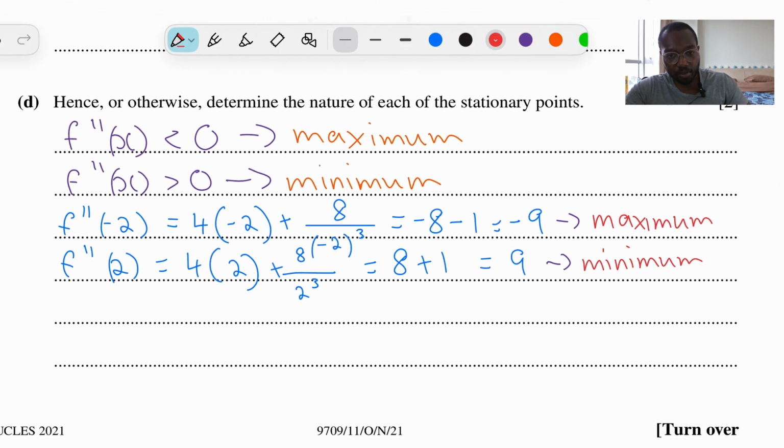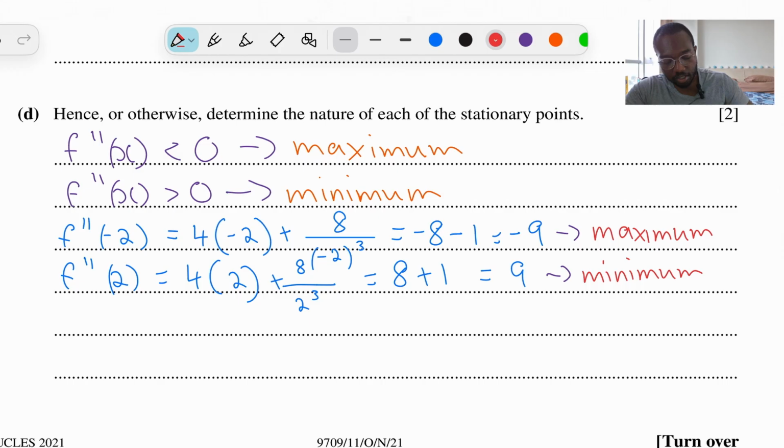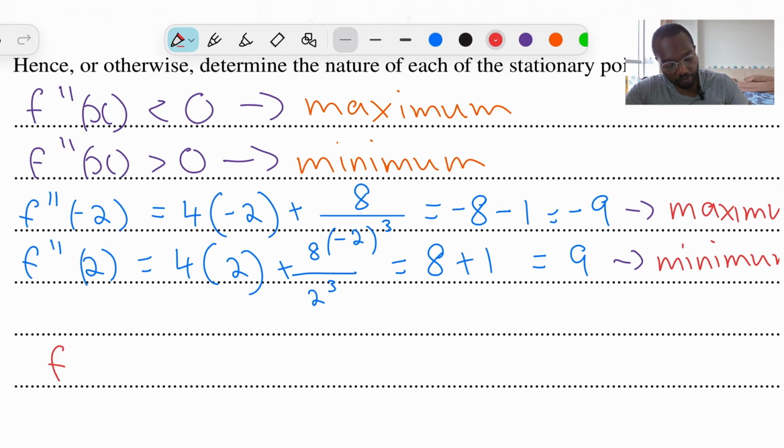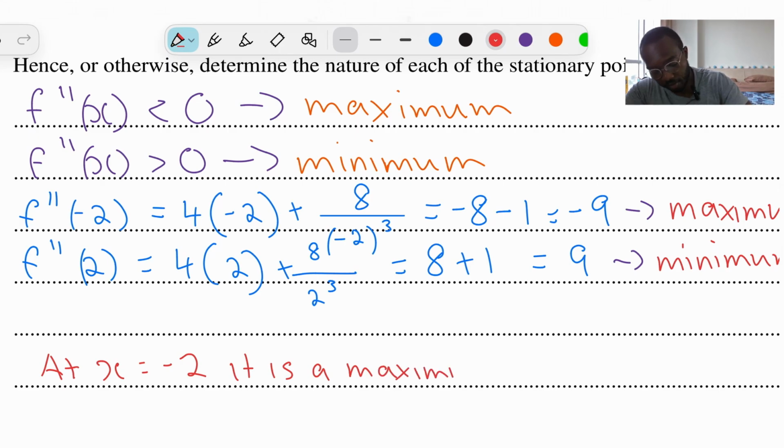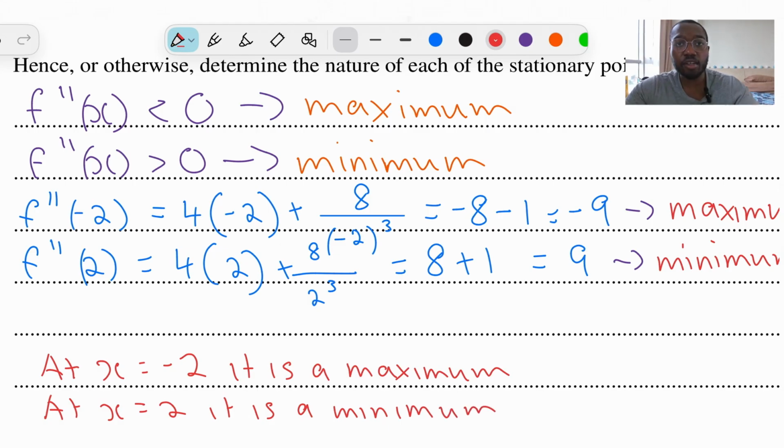So if I just clarify that, at x is equal to minus 2, it was a maximum, and at x is equal to 2, it is a minimum. Something like that, and yeah, you're done.